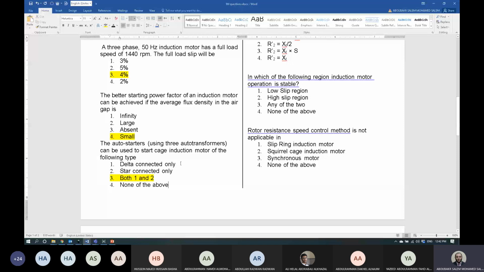Again auto transformer, and we said here instead of delta and star connections, we can say here slip ring induction motor, and number 2 squirrel cage induction motor. So which solution is right? Hi guys.